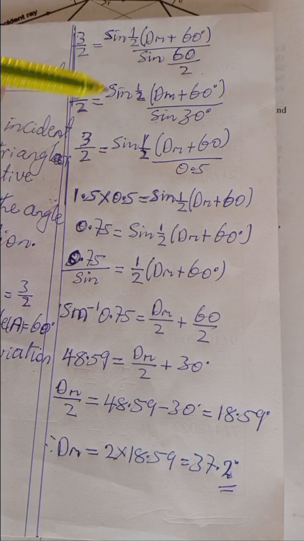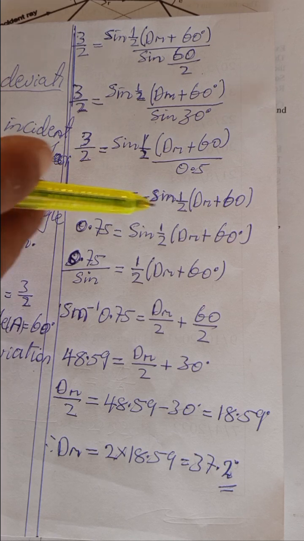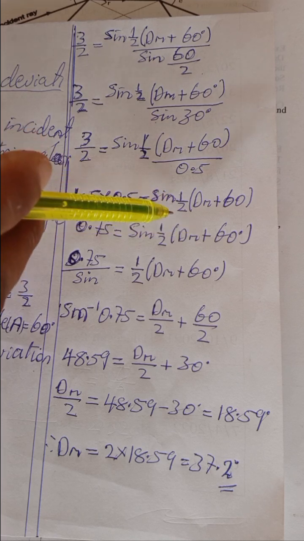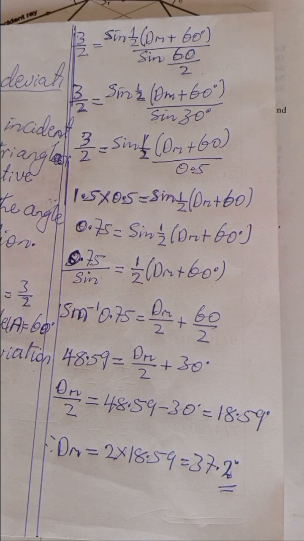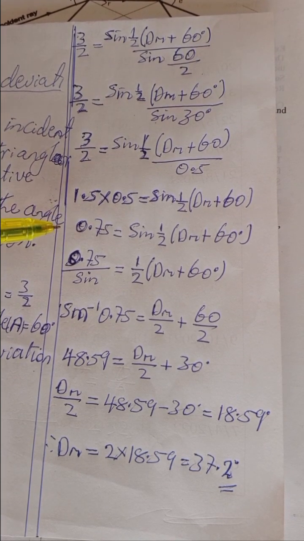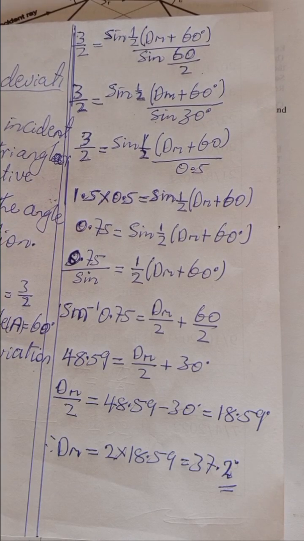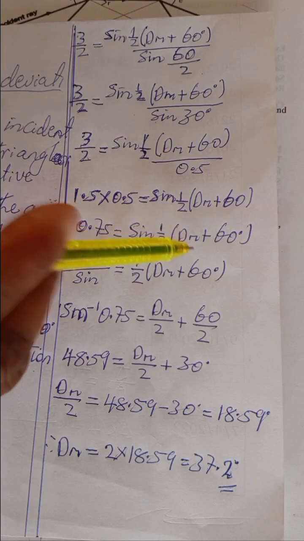After cross multiplication, we have 1.5 times 0.5 is equal to sine half bracket dm plus 60. 1.5 times 0.5 will give you 0.75 is equal to sine half bracket dm plus 60.